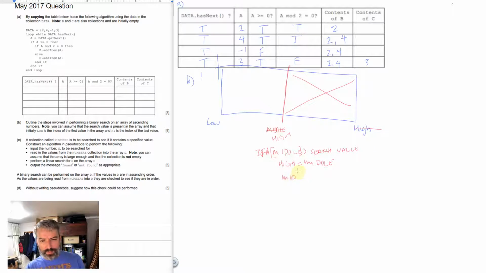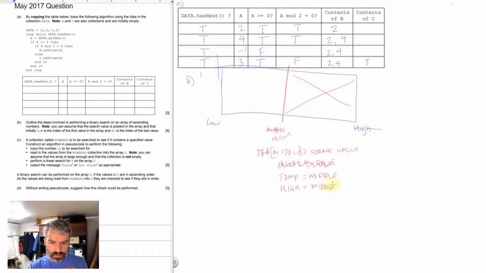Well, actually, we probably need to set a new middle first, because we want to set the middle to be, say, here. So even before this, I guess we need a temp value. Let's store the value of middle in temp, and then the high value should be equal to the middle.